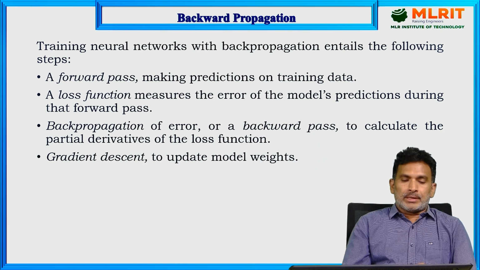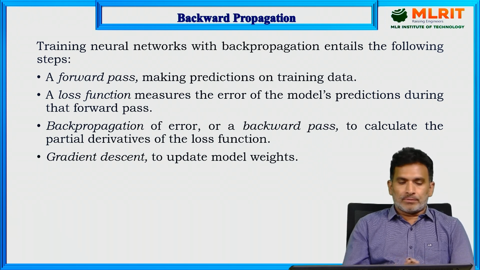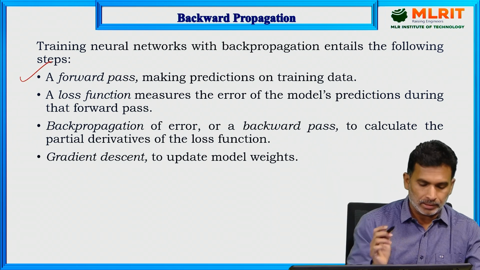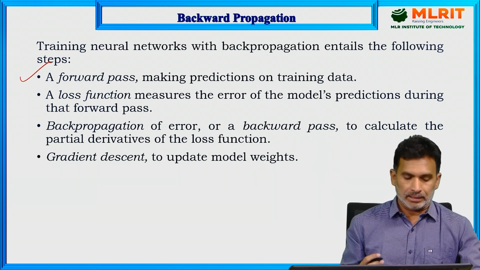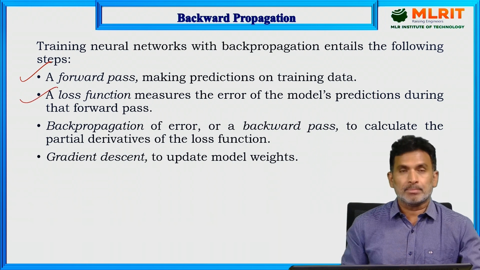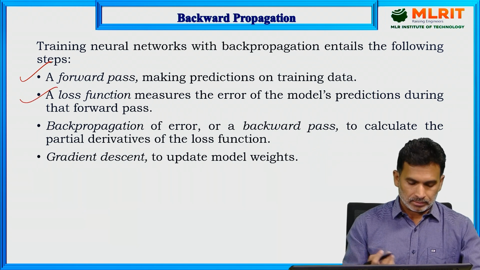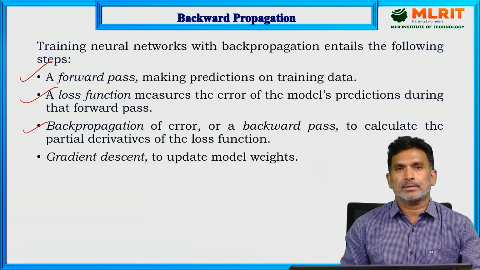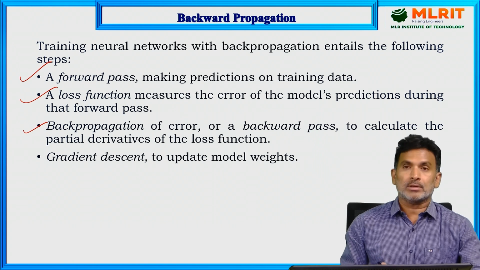So training neural networks with back propagation entails mainly the following steps. As we already discussed, let us have a quick recap: a forward pass, that is making predictions on the training data; a loss function that measures the error of the model's predictions during the forward pass; and this is what we are discussing now, back propagation of error or backward pass, to calculate the partial derivative of the loss function.